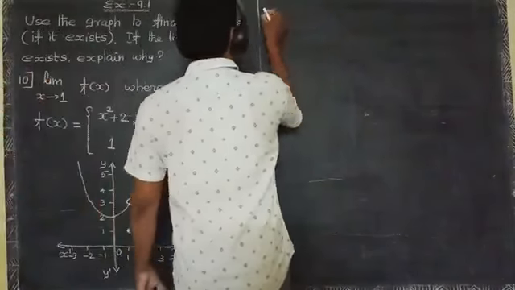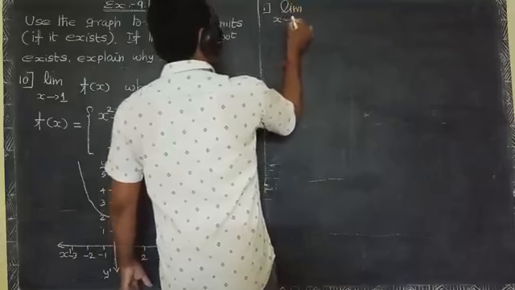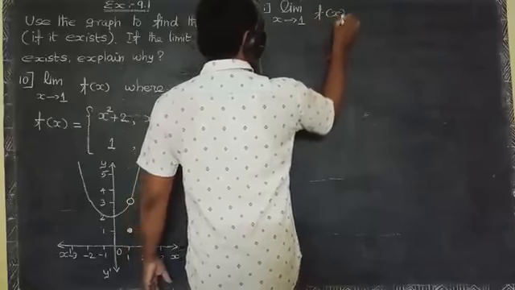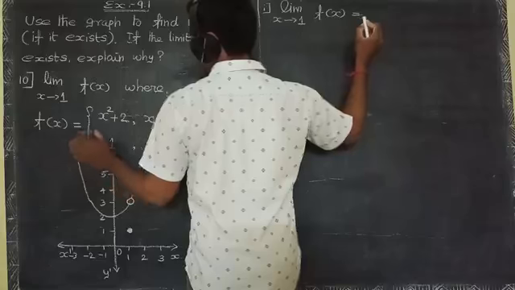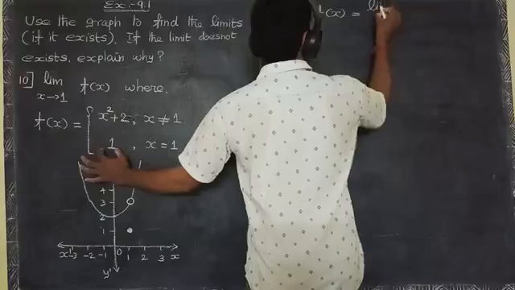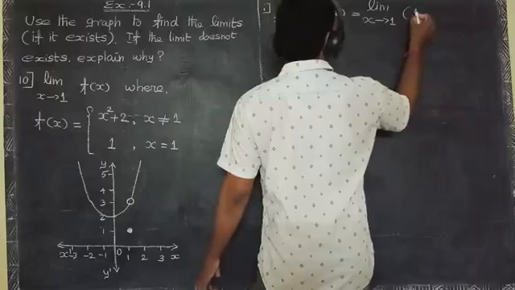Here the first one, limit x approaches 1 f of x: we take the function at x equal to 1, the constant function, so limit x approaches 1 is 1.